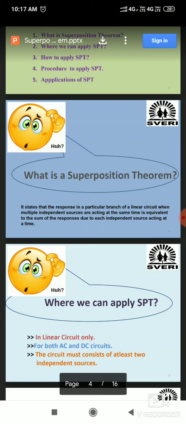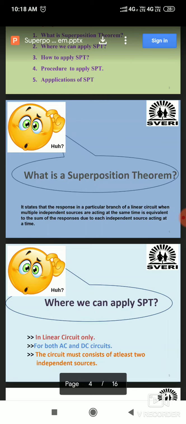That is, all ideal voltage sources are replaced by a short circuit, and all ideal current sources are replaced by an open circuit.